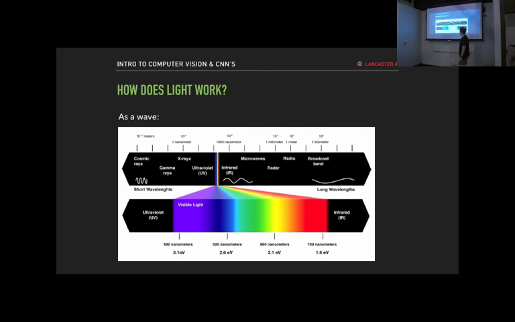That's the actual energy that's in here. And as it moves forward through this spectrum, by the time you get to the red spectrum, it's about 700 nanometers, which is almost twice as long, and it has almost half the energy at 1.6 electron volts. So that is how light works as a wave.